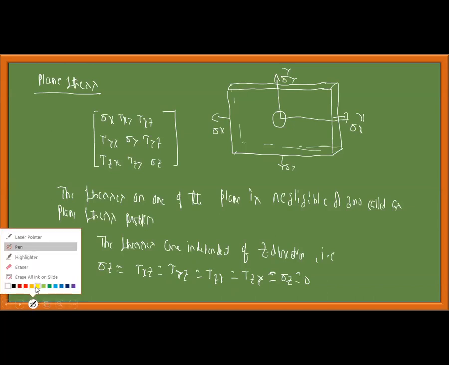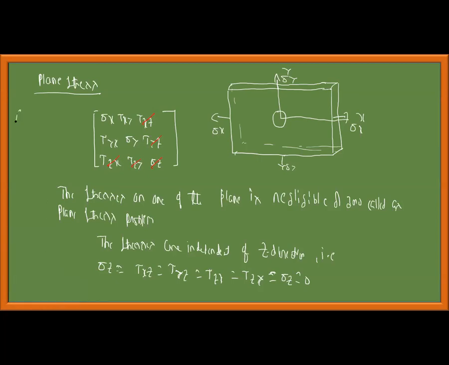If I cancel these out, tau xz, tau yz, tau zx, tau zy and sigma z vanish. I will be left with only sigma x, tau xy, tau yx, and sigma y.